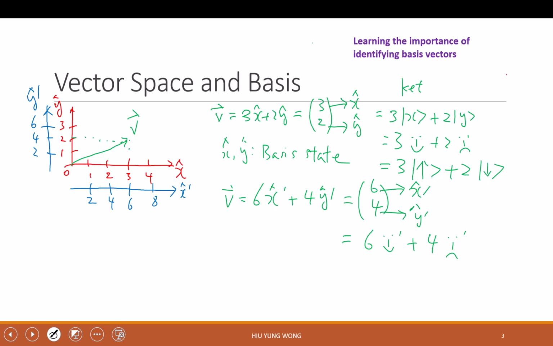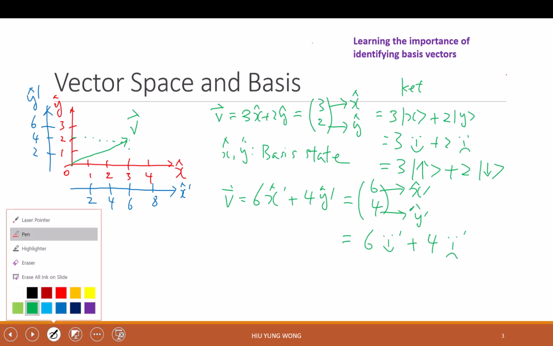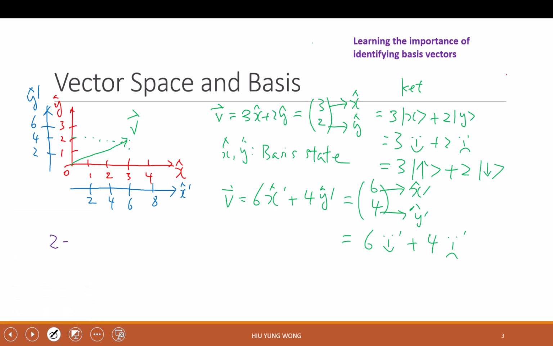So now I have 2 bases that I have shown you. One is the x hat, y hat. The second one is the x hat dash, y hat dash. If I represent in different bases, the representation will be different.